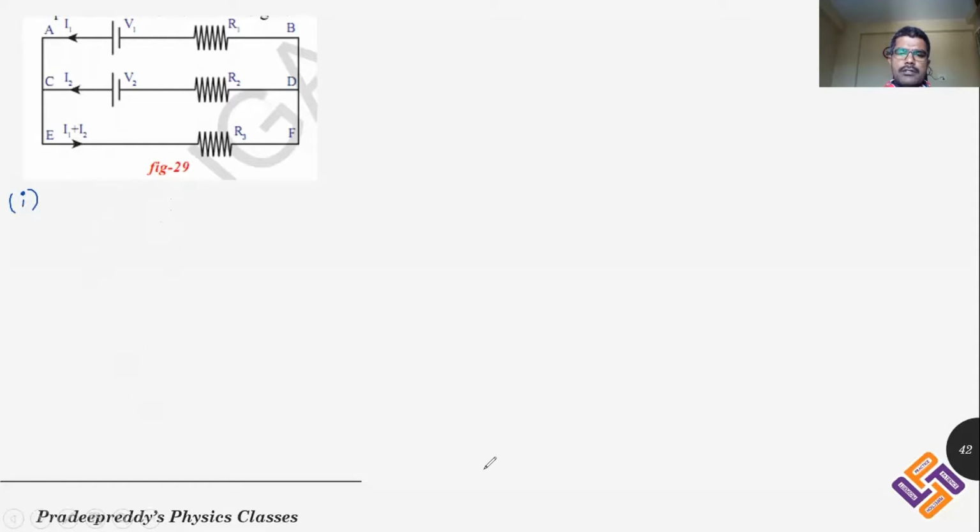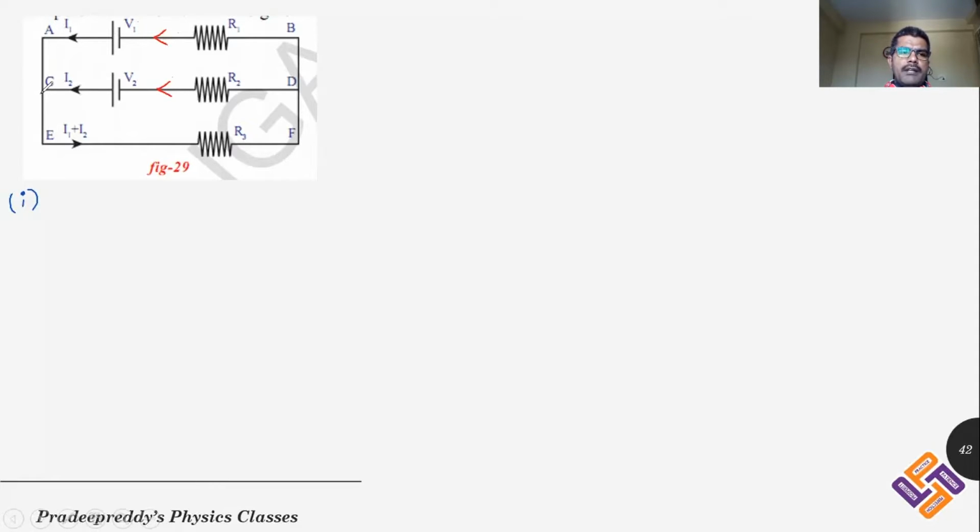There are two batteries in the circuit, V1 and V2. Voltage across the first one is V1 and voltage across the second one is V2. Of course, current direction is already given to you in the problem. So V1, V2, current direction is this.